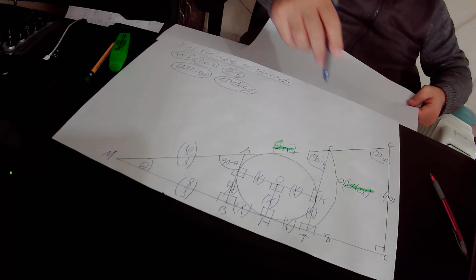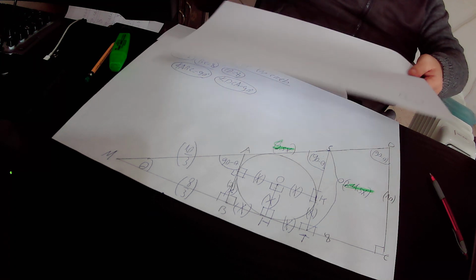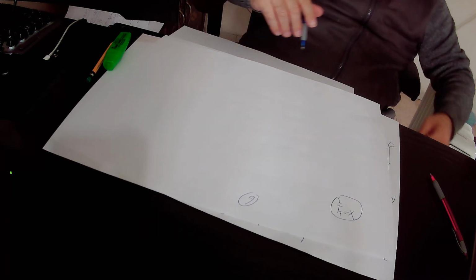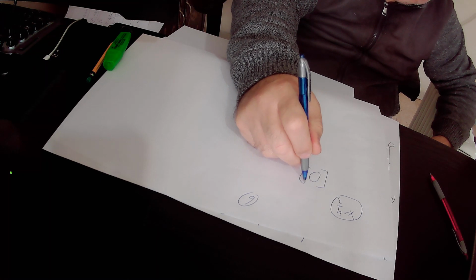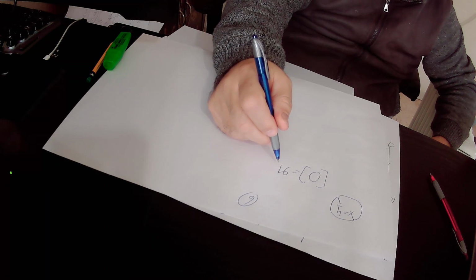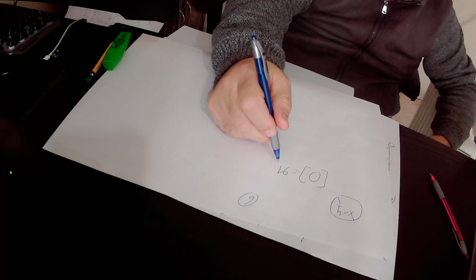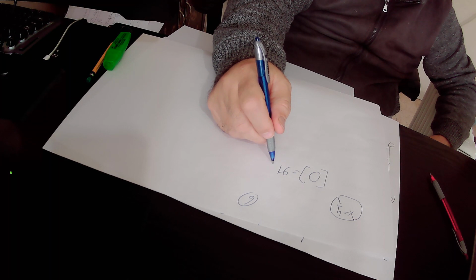Our mission is to find the area of this circle. The area of any circle equals pi times the radius squared.